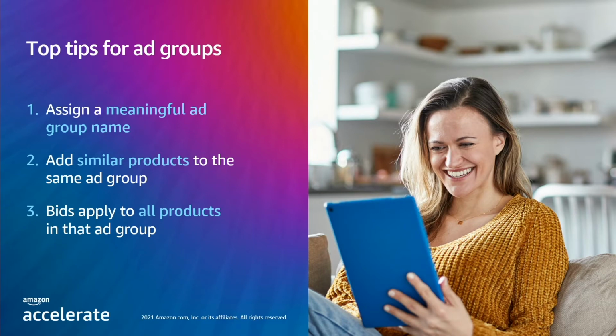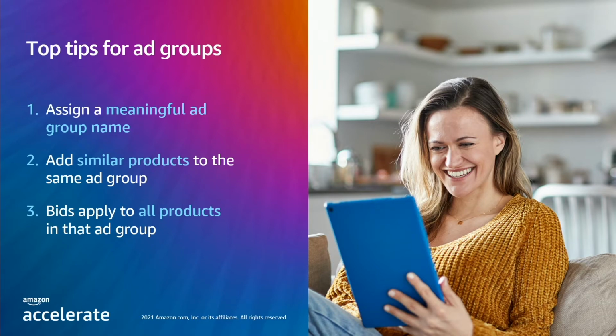Assign an ad group name that is descriptive and meaningful to you. Ad group names must be unique within a campaign, but you can use the same ad group name in different campaigns. Your ad group name will only be used for display purposes in the campaign manager and will not be visible to shoppers. Then, select the products from your inventory to include in your ad group.